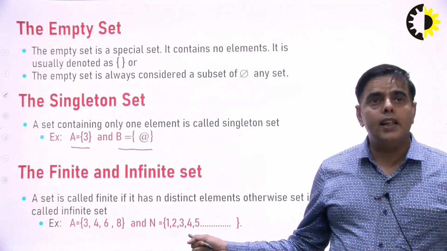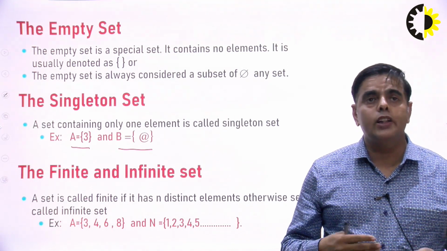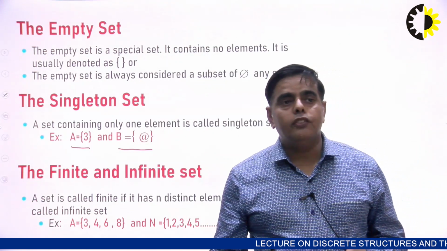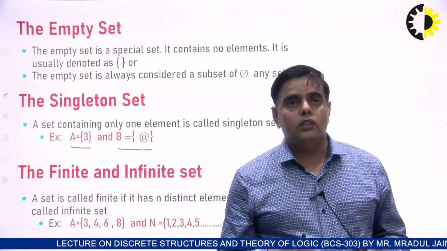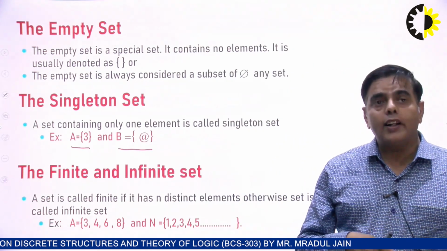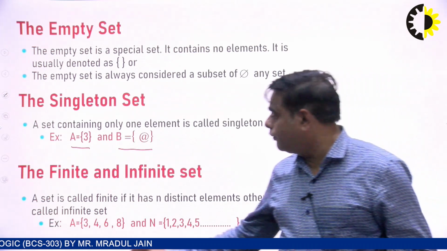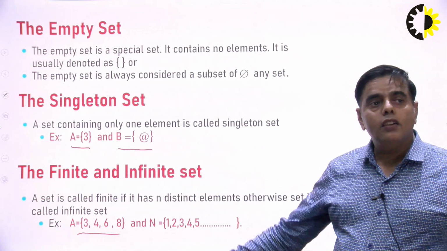As the name suggests, if a set contains a finite number of values, then it is called finite. If the set contains infinite values, or if the number of values is not finite, then the set is an infinite set.